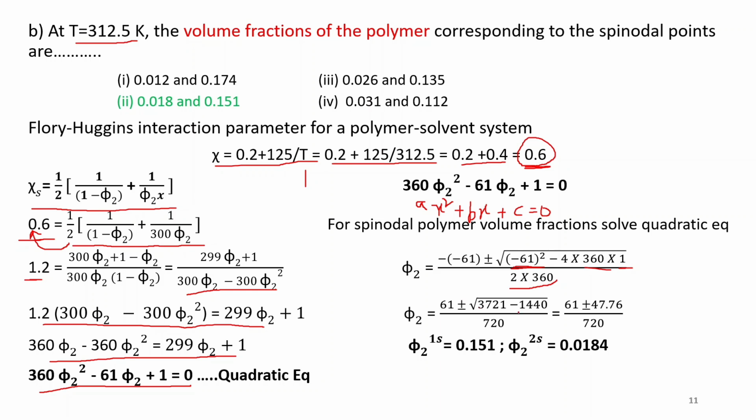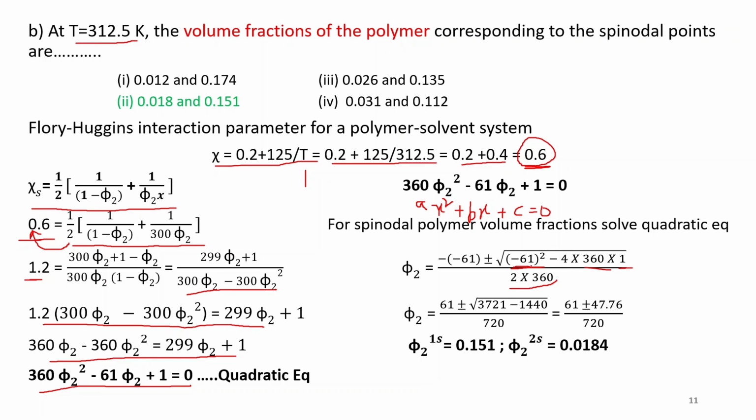So when we do the square of 61, we will get 3721, and minus 4ac, which is 4 into 360, which is 1440, divided by 2 into 360, which is 720, right?